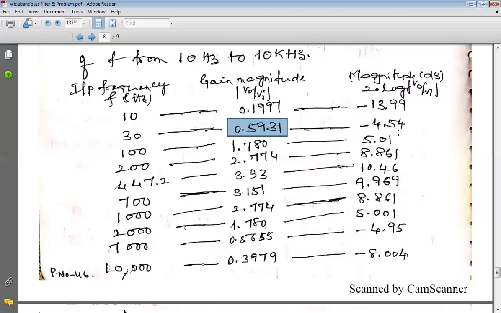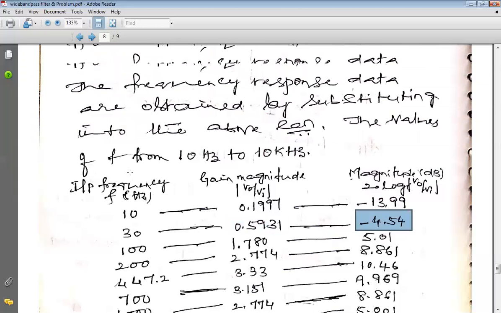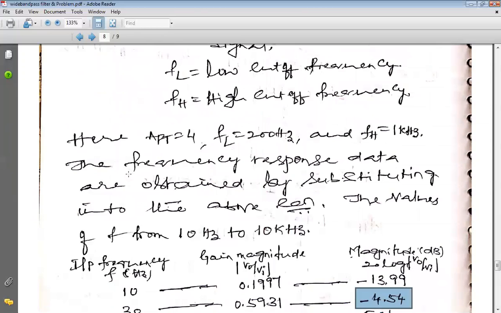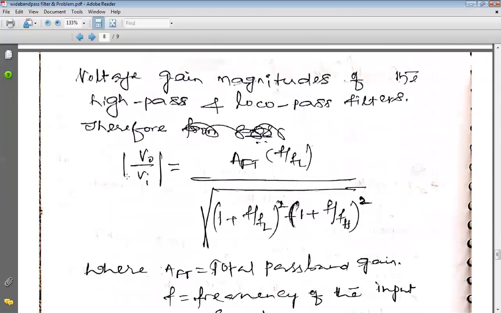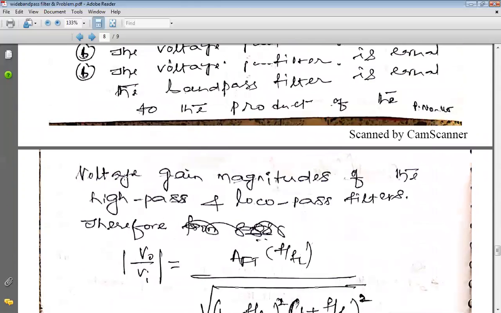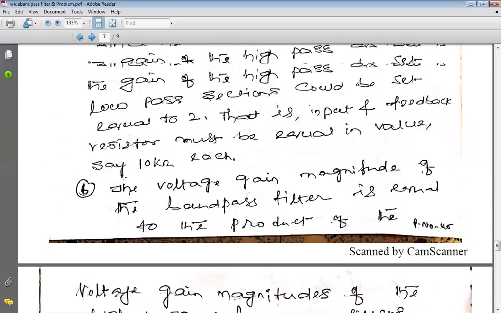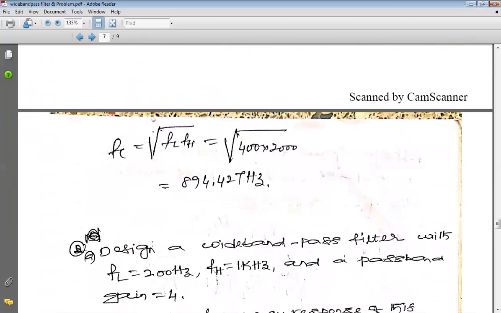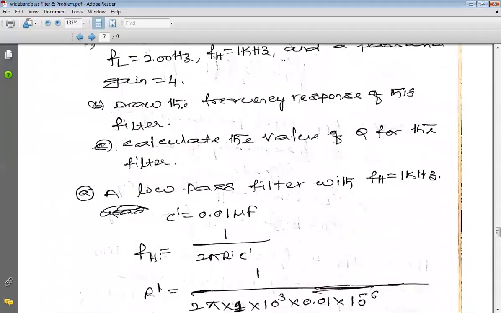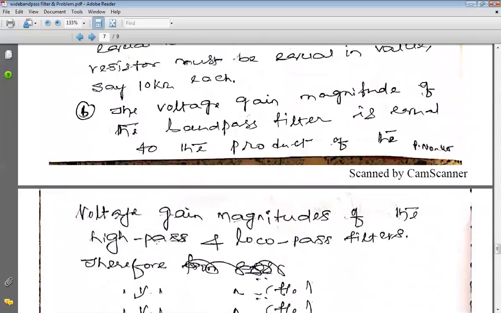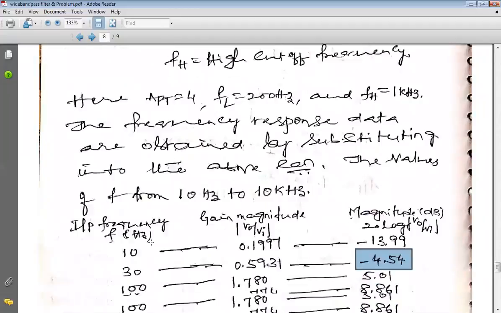I am going to get minus 4.54. The frequency will then continue from the lower cutoff frequency FL, which in this case is given as 200 Hz, to 1 kilohertz.